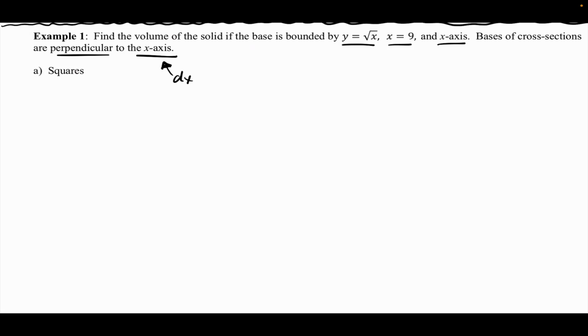First thing we have is squares. So the first thing I'm going to do is I need a picture. I need to see what's going on. I want to see the area where it's bounded. So I'm going to go to the calculator and figure out what this looks like. So let's go to the calculator.